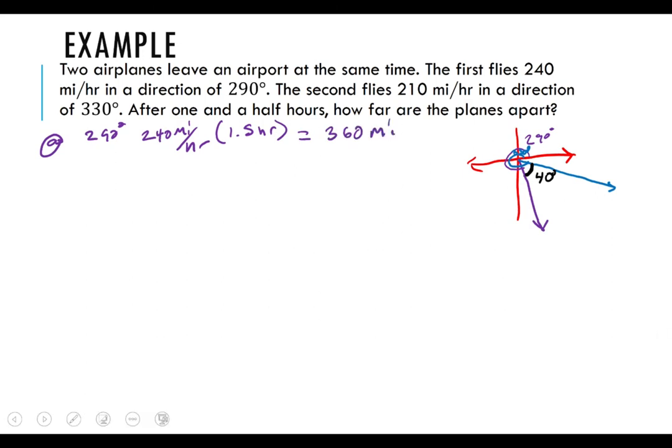So this plane flying in the 290 degree direction goes a distance of 360 miles.